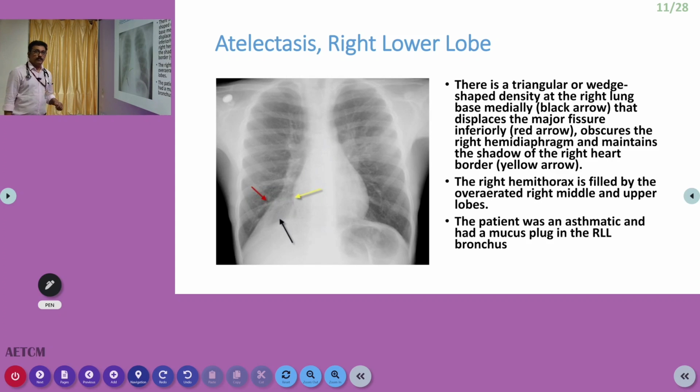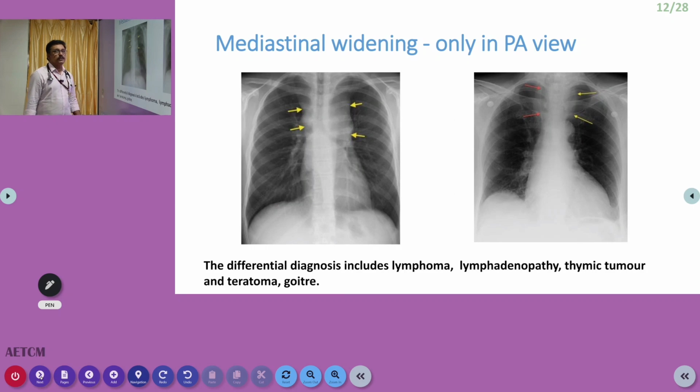That also can produce a white lesion. The differential diagnosis for this is lower lobe consolidation. But depending on the clinical scenario, you have to tell whether it's a consolidation or a collapse. Sometimes collapse can be associated with consolidation. So we also have to keep that in mind.